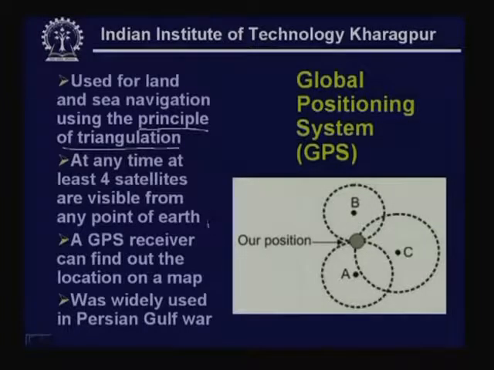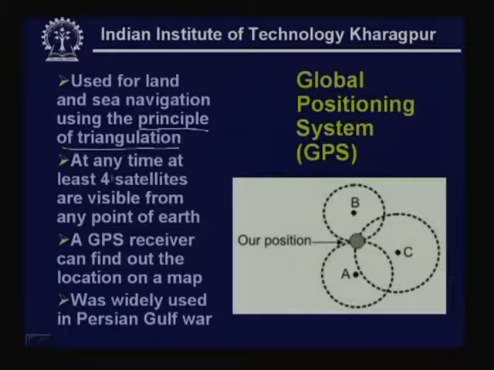So, the fourth satellite provides you the very accurate time, and the other three satellites give you the exact measurement of distance, and with the help of that one can very accurately determine the position, distance, time, and the speed of a particular vehicle or an airplane or a ship.